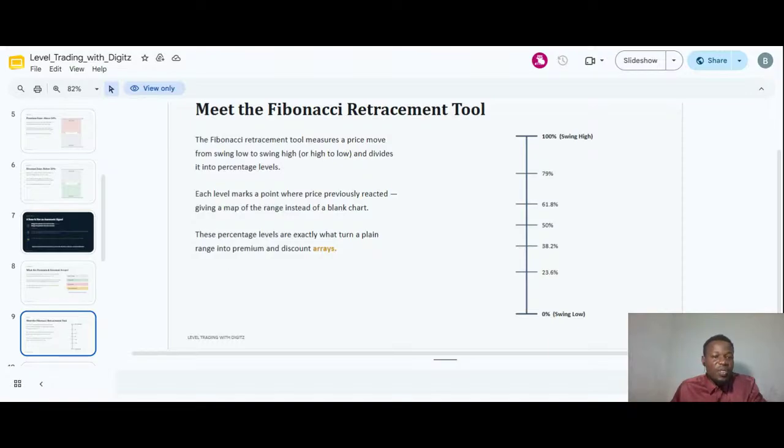These percentage levels are exactly what turn a plain range into premium and discount arrays. What it says basically is the Fibonacci retracement tool helps you convert a plain range into a premium and discount.